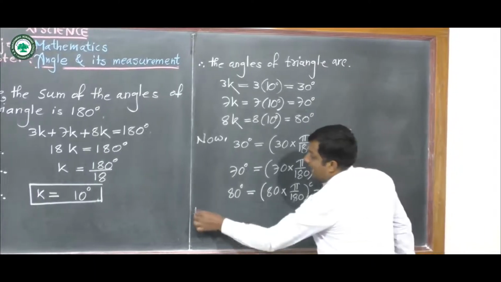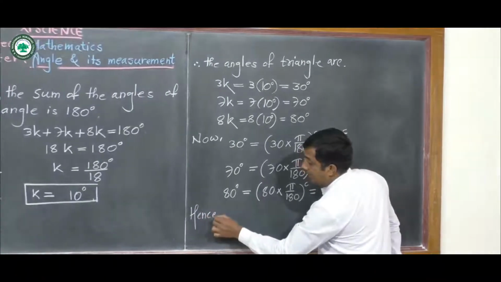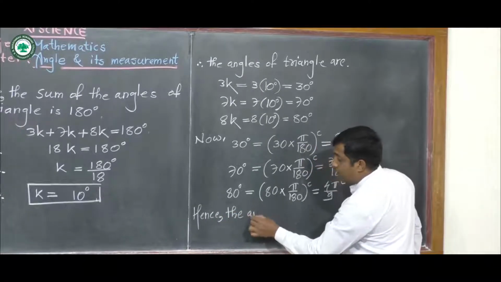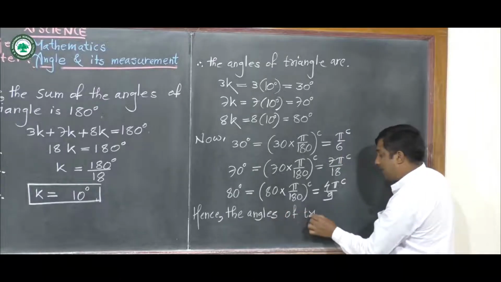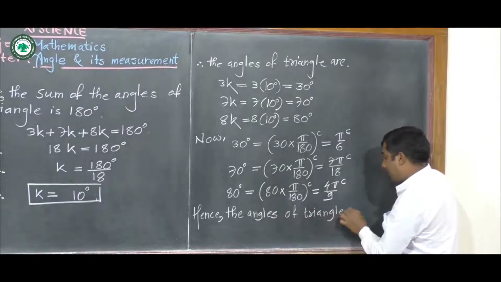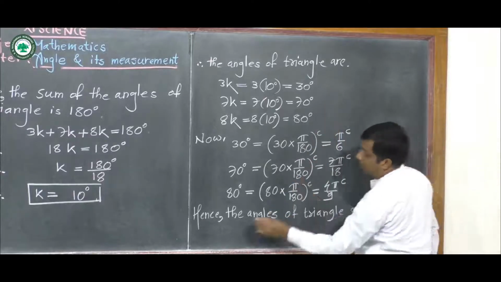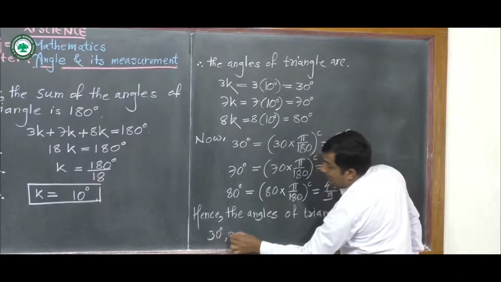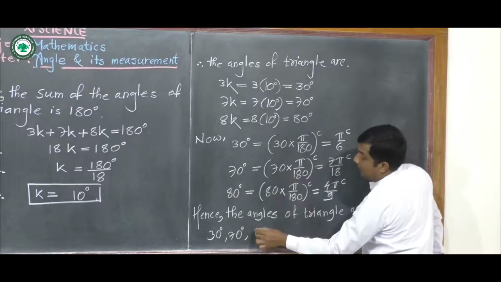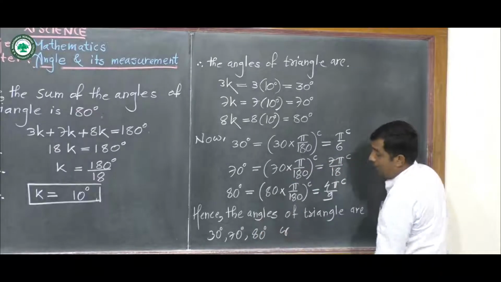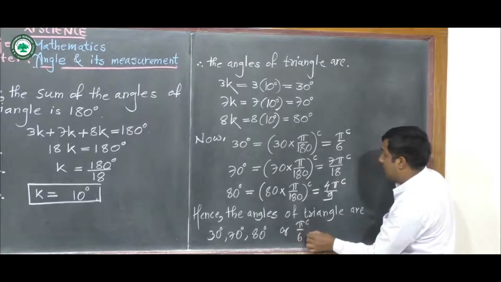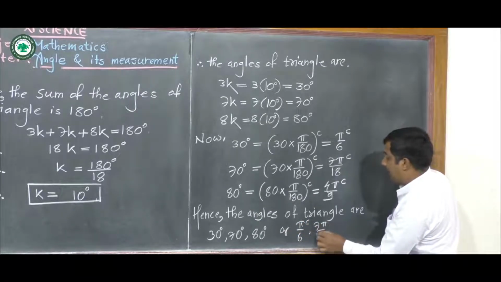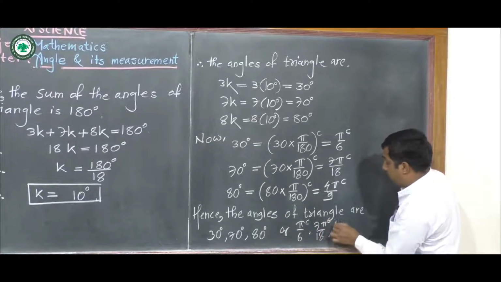Finally, I write: hence the angles of the triangle are, in degrees, 30 degrees, 70 degrees and 80 degrees, or in radian measure, pi by 6 radian, 7 pi by 18 radian, and 4 pi by 9 radian.